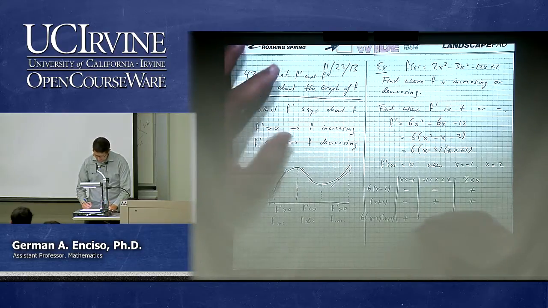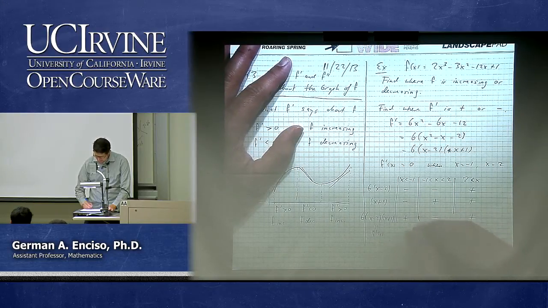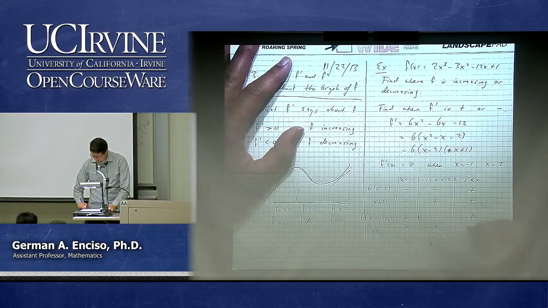So that means that because this is f prime, from what we were saying, in this interval f is increasing or decreasing? In this interval, f is decreasing, and in this interval, f is increasing.